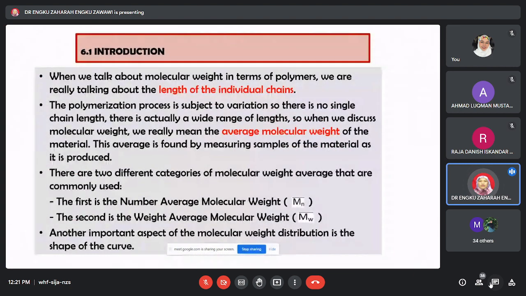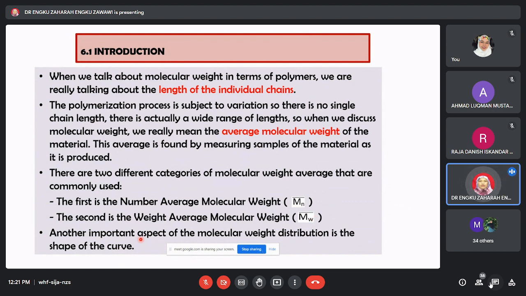The two categories used to describe the average molecular weight are the number average molecular weight, with the symbol Mn, and the second one, the weight average molecular weight of the polymer, Mw. This is about the number and this is about the weight.